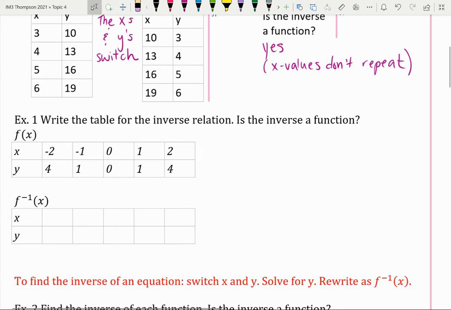For the original function, I have x values of -2, -1, 0, 1, and 2, and y values of 4, 1, 0, 1, 4.